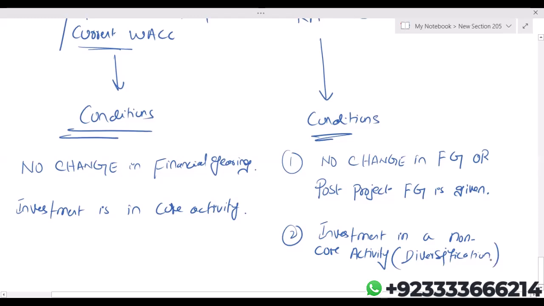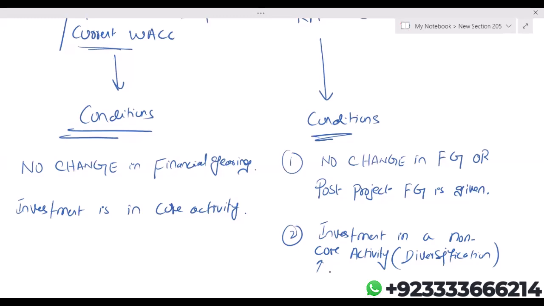We are doing something different. We are moving to the new industry. For risk-adjusted WACC, condition number 2 is extremely important. Because in condition number 1, it could be there's no change in the financial gearing. But condition number 2 for risk-adjusted WACC is extremely important. That is, we are making investment in a different business, in a new industry. So investment in a non-core activity, that is diversification. So in case of diversification, the WACC which we use is risk-adjusted WACC.